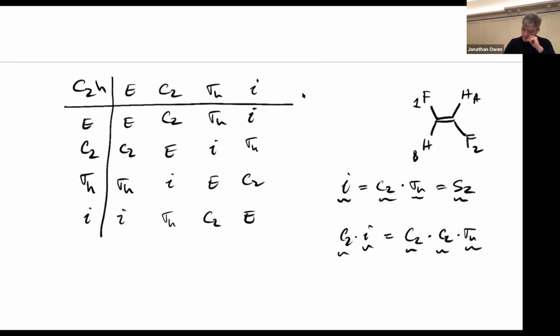This gives you back sigma H in the end. The C2 times C2 is the same thing as an E. Okay, so I is a little bit tricky, but if you use the algebra, it gets a little more straightforward.